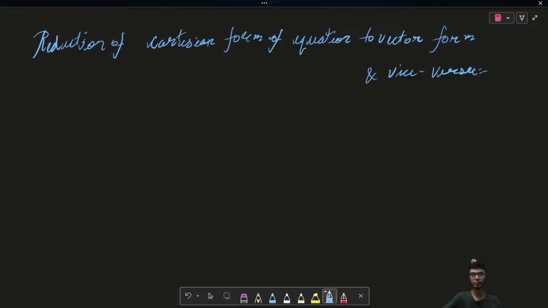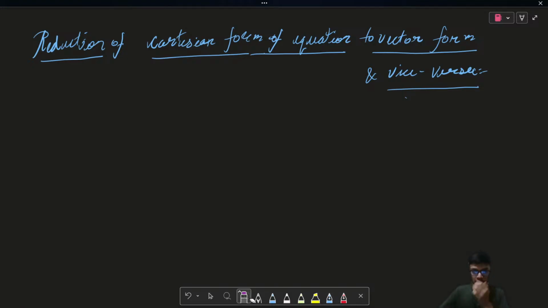We're going to see the important aspects of why we need to convert or reduce Cartesian to vector, and how it is sometimes going to be helpful.